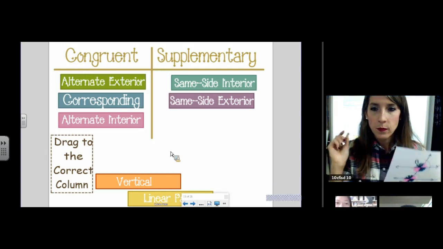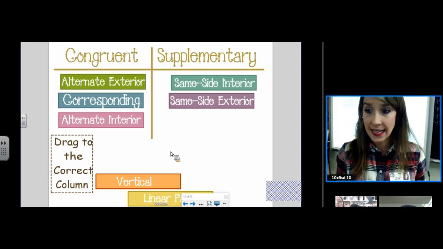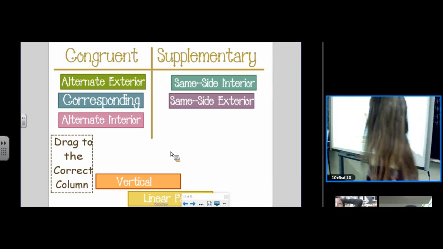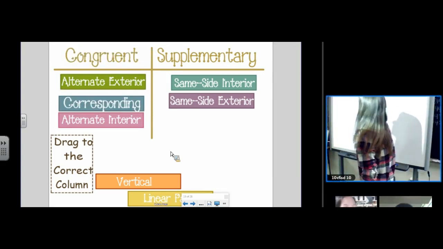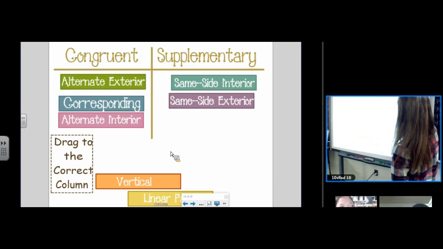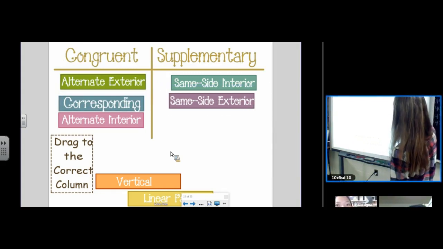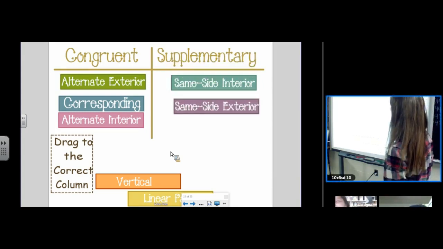So all of the theorems, like I said, begin like this. If parallel lines are cut by a transversal, then corresponding angles are congruent. If parallel lines are cut by a transversal, then same side exterior angles are supplementary.